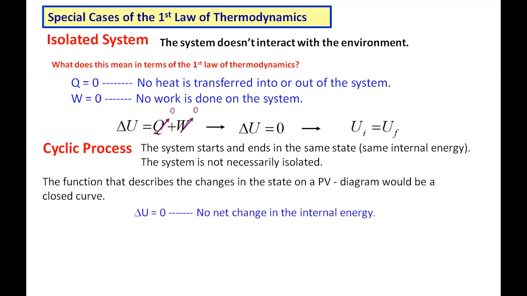Then this is a cycle. This is a closed curve. هذا يعني delta U equals zero. No net change in internal energy. Delta U equals Q plus work. And in this case, in a cyclic process, delta U equals zero. This means Q equals minus work.